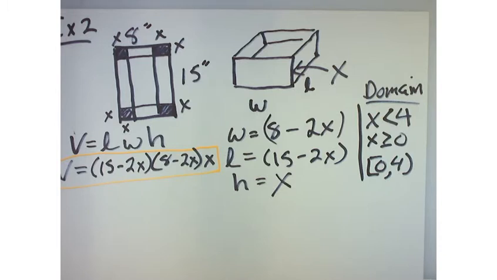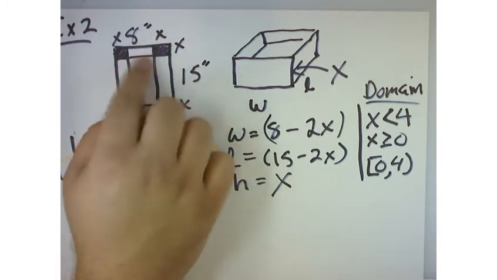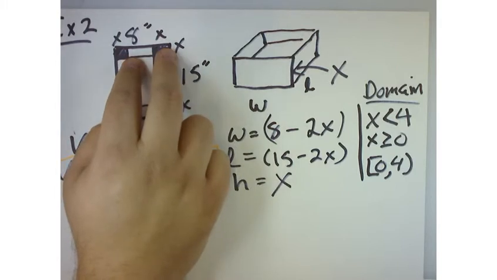Now the greater than 4 part: x can't be greater than 4, because if you cut out a square from each side, the 8 would have to be cut in. If I cut more than 4 inches, it won't work, because 4 plus 4 is 8, and 8 is the shortest side of this cardboard sheet.